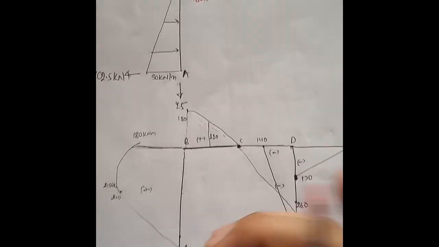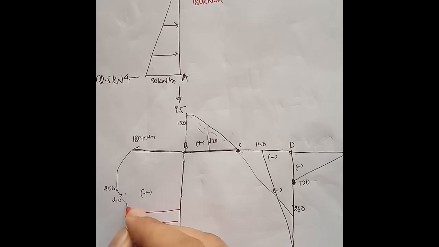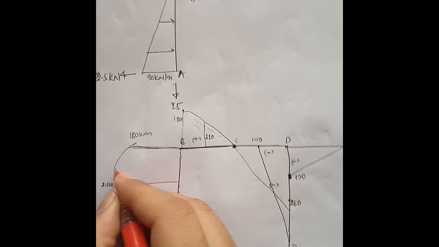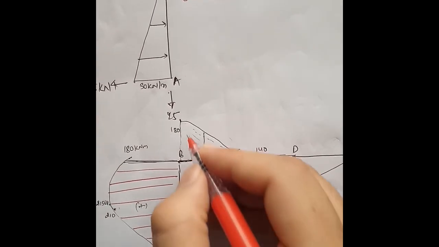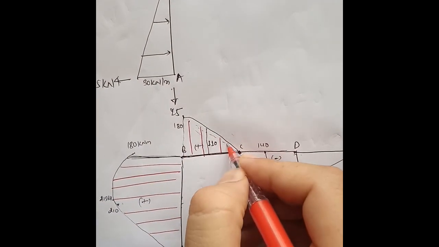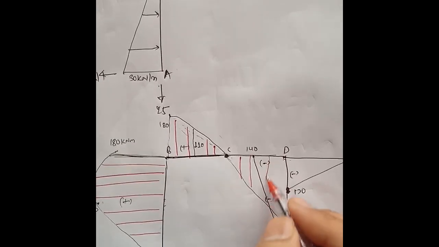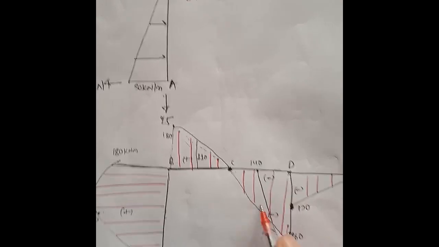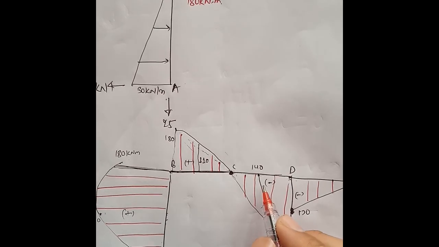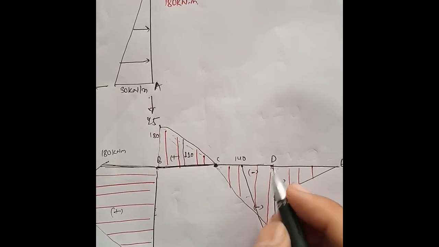Now you need to make the hatch here. Like this we can make the hatch sections, and this shall be like this. This whole portion is 260, this is 120, and this section is 140, so we'll just locate this 140 section here.